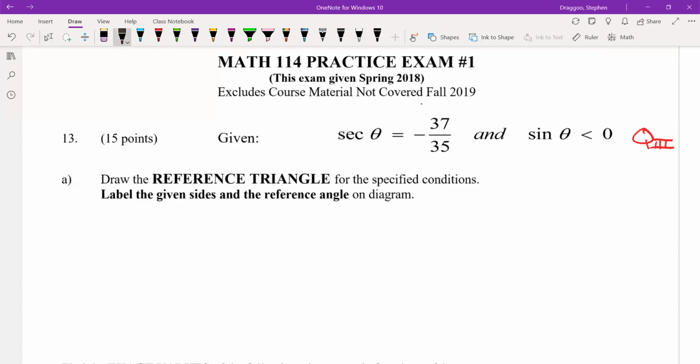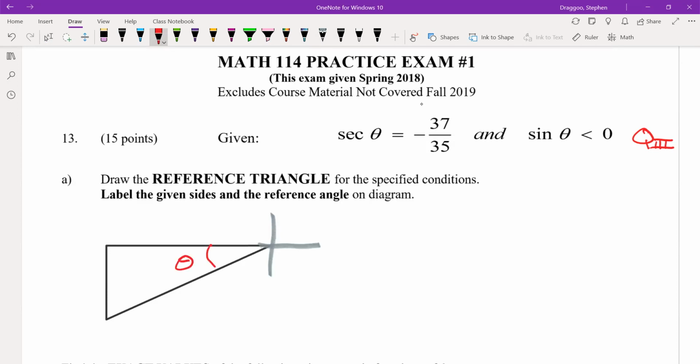So secant is hypotenuse over adjacent. I just saw that this triangle should be in the third quadrant, so we are going to draw it in the third quadrant. I'll put my coordinate axes in right there and label a few things in here. This theta right here is my reference angle. It's the one that's inside of the triangle.